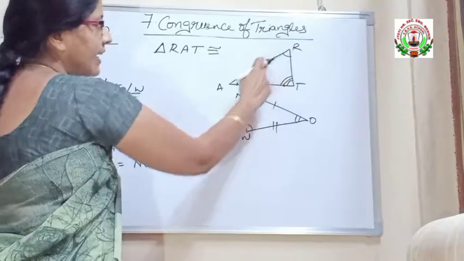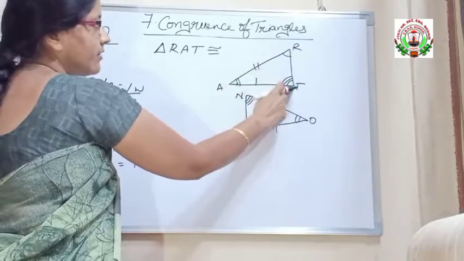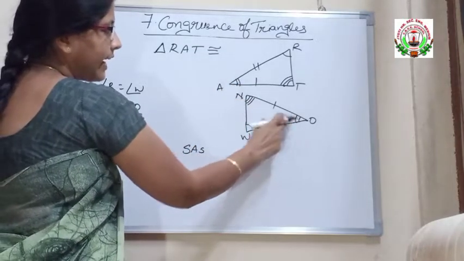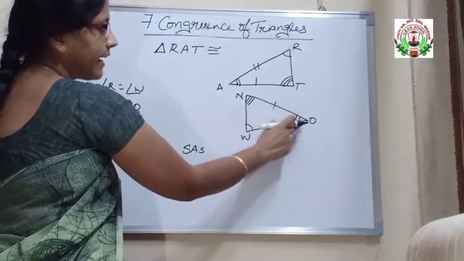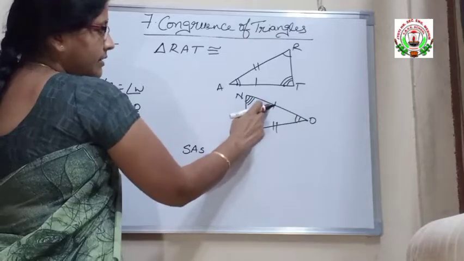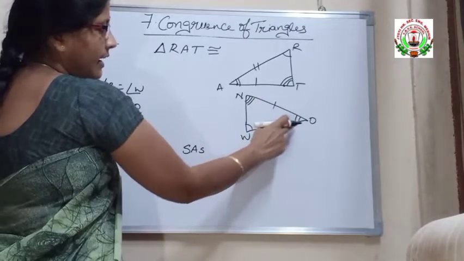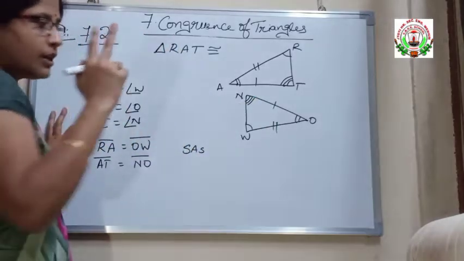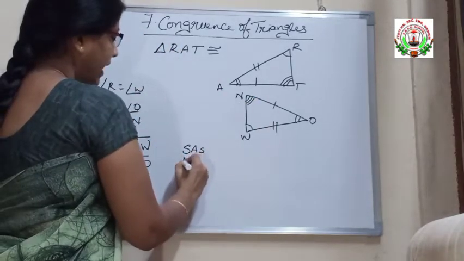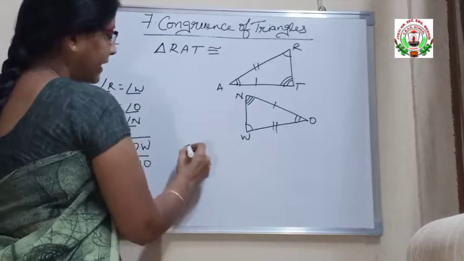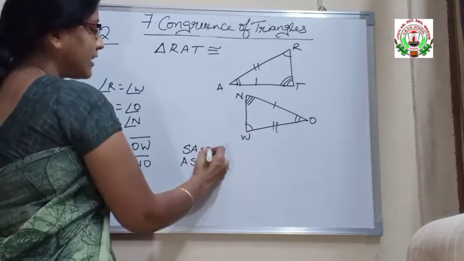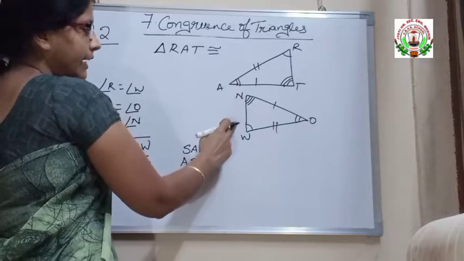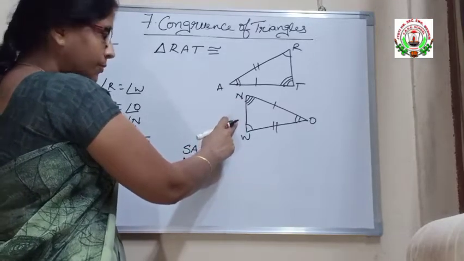Next, angle side angle. So there are two properties used in this. So angle side angle and side angle side, these are the two properties used to show that these two triangles are congruent to each other.